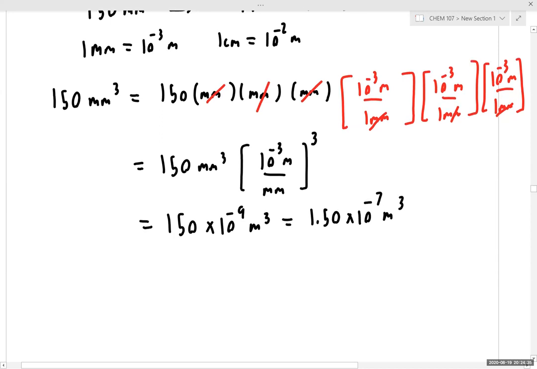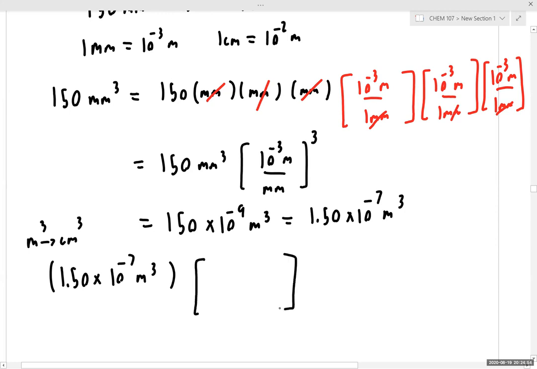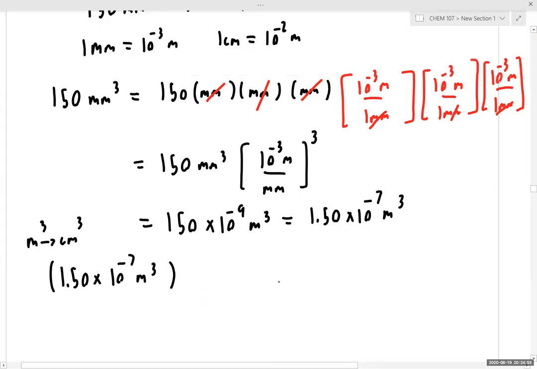We're not quite done here, so now we have to go from meter cubed to centimeter cubed. So we have 1.50 times 10 to the negative seventh meter cubed. And my question to all of you is, what unit do we need to have on top?